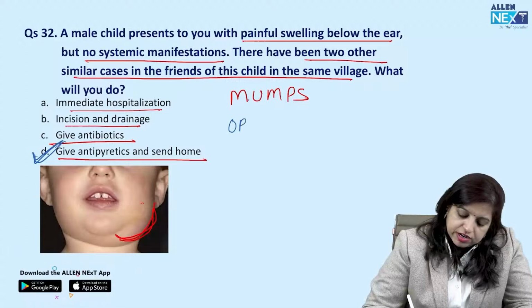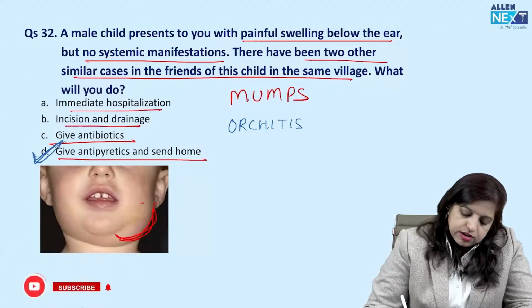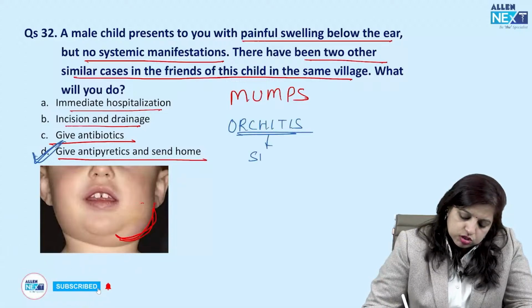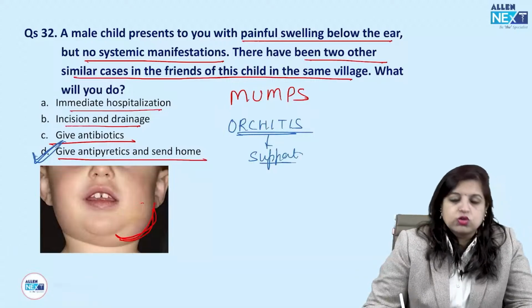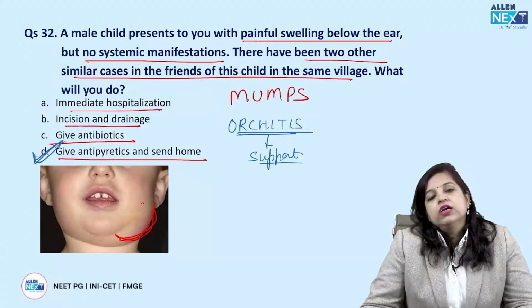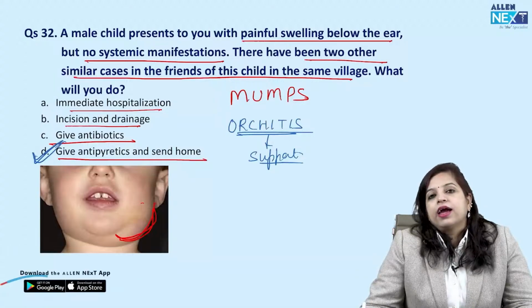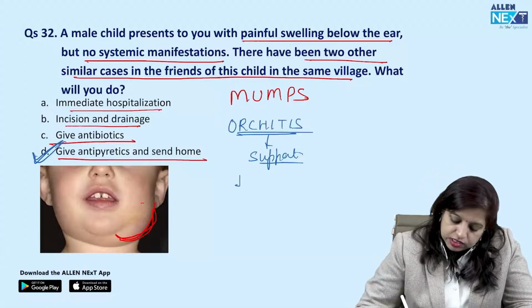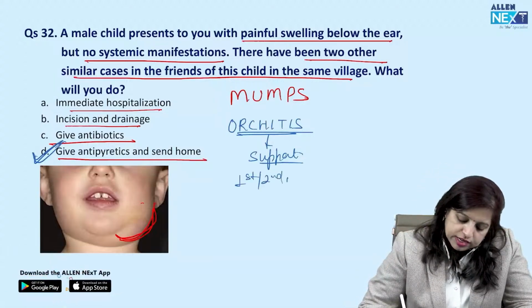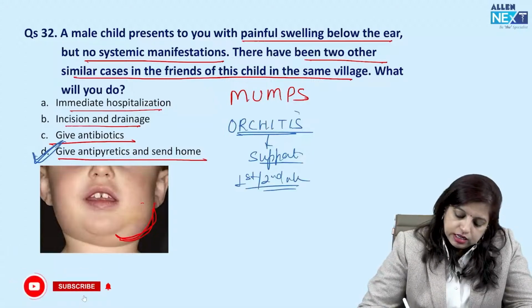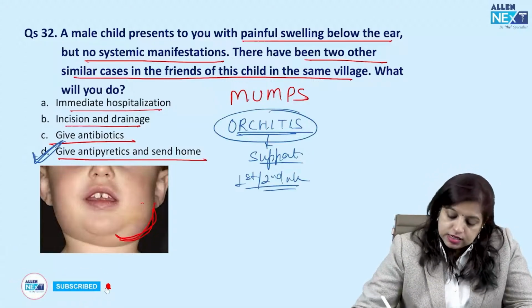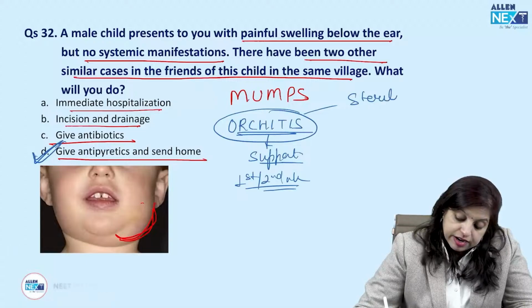Remember, a very dreaded complication is orchitis, right? It needs just some kind of support to the testis for the testicular enlargement, and it usually comes by the first or the second week of illness, right? And a good thing about orchitis is sterility is rare.